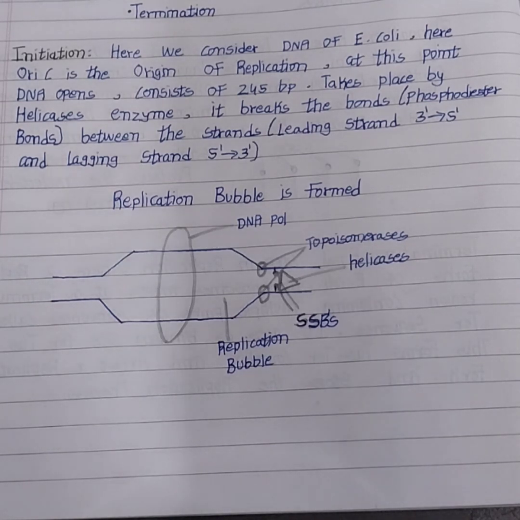The ori sequence of E. coli consists of 245 base pairs, and the opening of DNA takes place by the helicase enzyme. It breaks the bonds between the strands. There are two strands: the leading strand, which is from 3' to 5', and the lagging strand, which is from 5' to 3'.